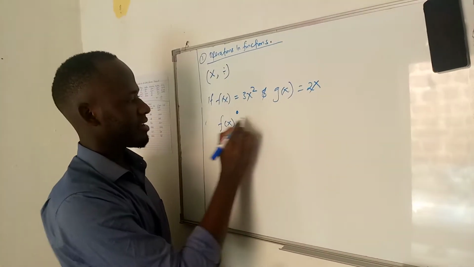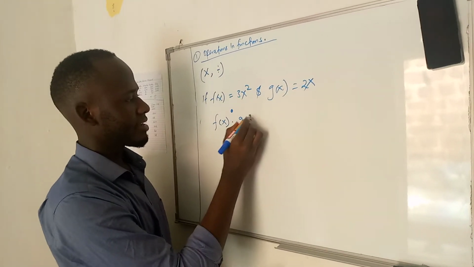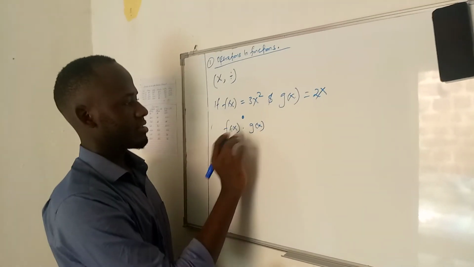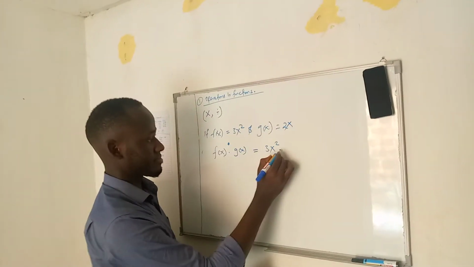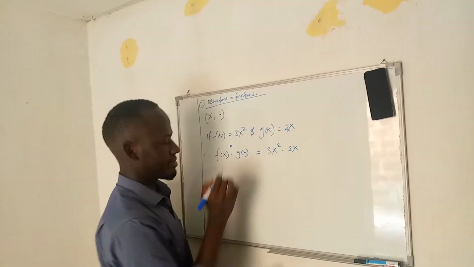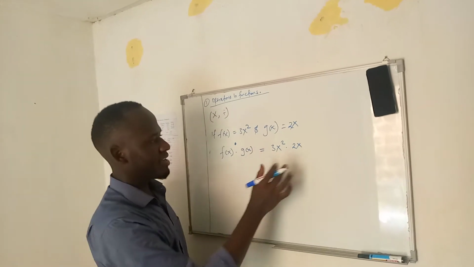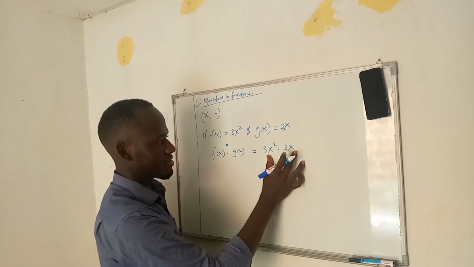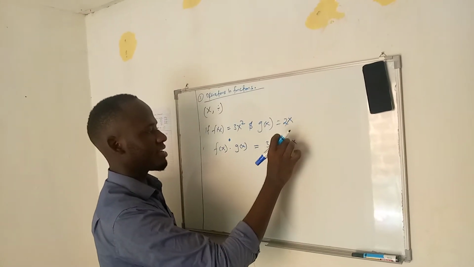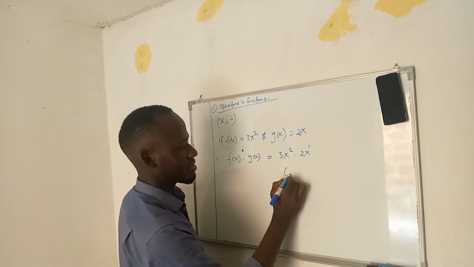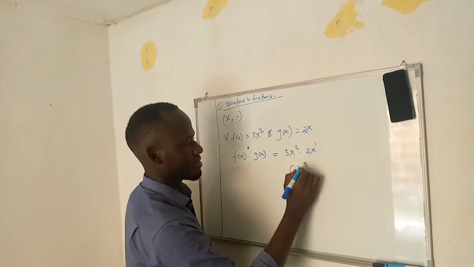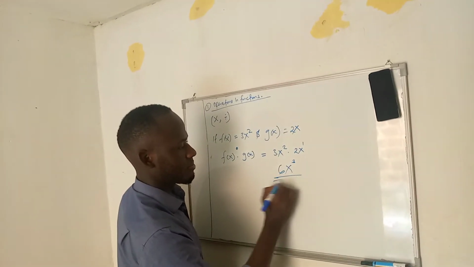So we shall have f of x dot g of x. This will be equal to 3x squared times 2x. When you are multiplying things of the same base, you add the powers on top. Here there is an invisible one, so this will be 6x, 2 plus 1 forms 3, x to the power 3.